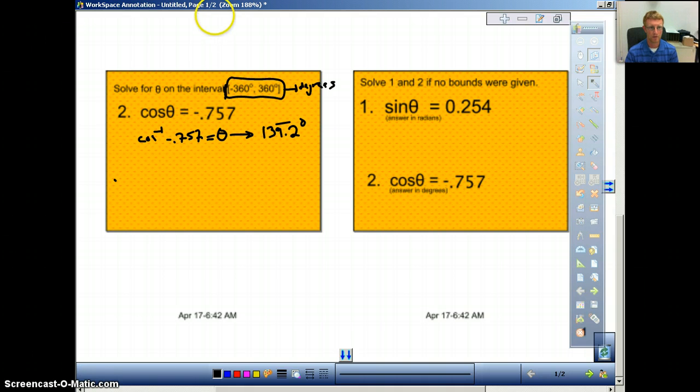And again, let's look at a cosine graph. The cosine graph always starts up top, and then goes down.